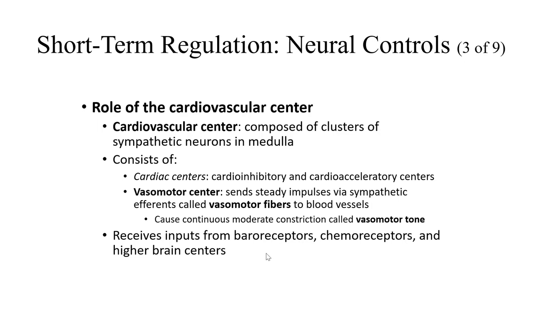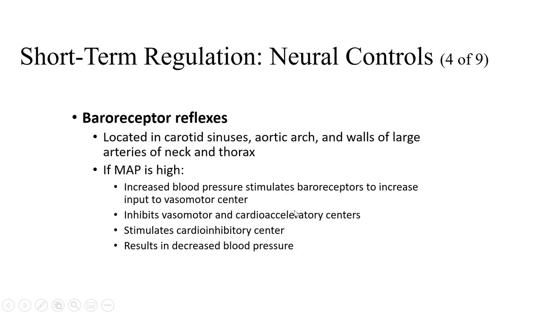Whenever there is a change in blood pressure, you have baroreceptors in the carotid arches, and these are the ones that receive that change. When you have a change in, let's say, the pH, it is picked up by the chemoreceptors in the aortic arches, and they send the inputs to the higher brain centers.